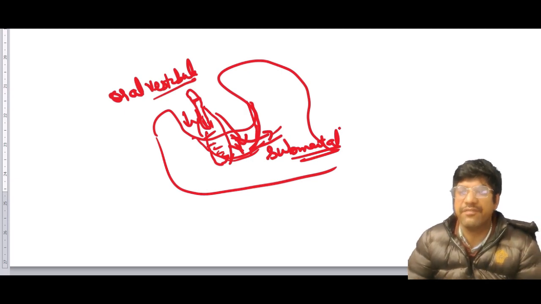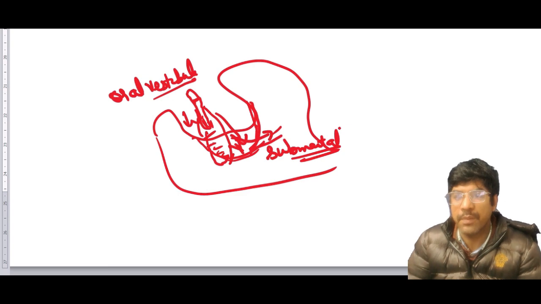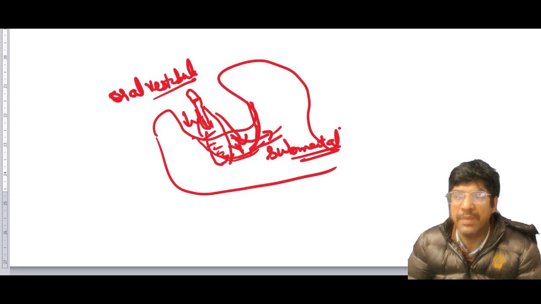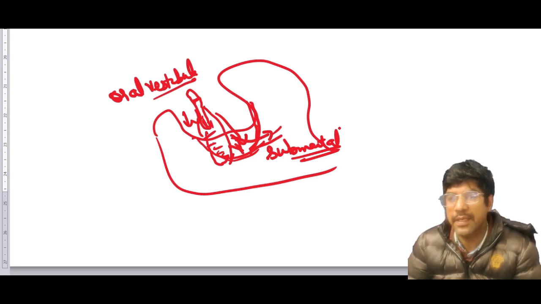Infection from the lower premolars, from the buccal side, typically enters the vestibular space. It may then proceed either below or through the buccinator muscle to gain access into the superficial compartment.